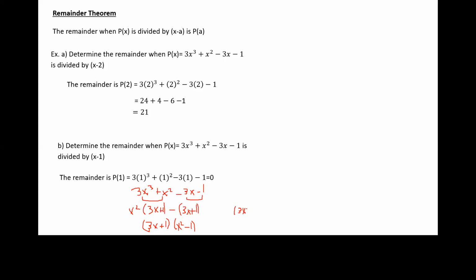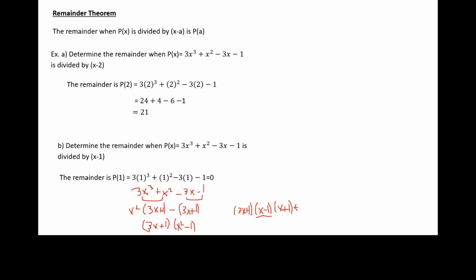And what you're going to see is that x minus 1 is one of the factors. Why did we expect that to happen? When we calculated p of 1, we got an answer of 0. Answer of 0 means that x minus 1 goes in evenly. So there is our factoring, and x minus 1 is a factor.